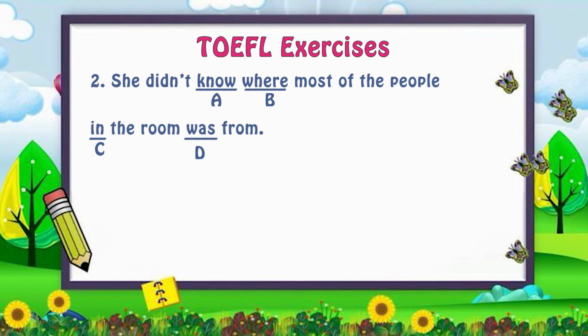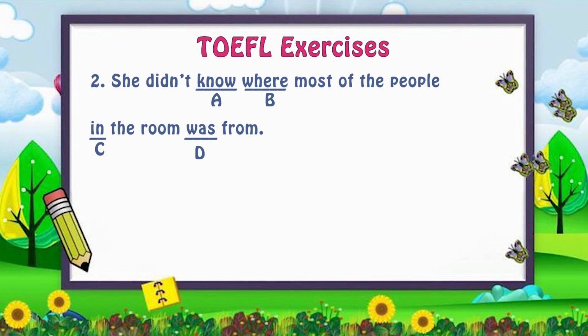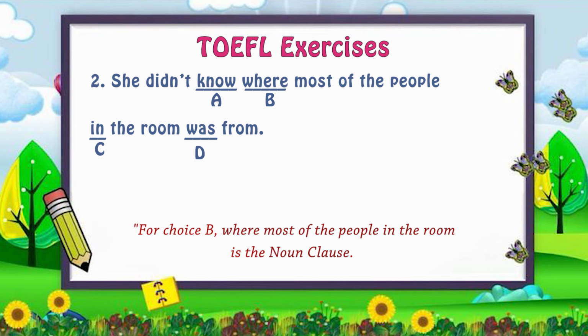She didn't know, choice A. Is there any mistake in it? No, there is none. After the word didn't, we have the base verb, know. Then where most of the people in the room.